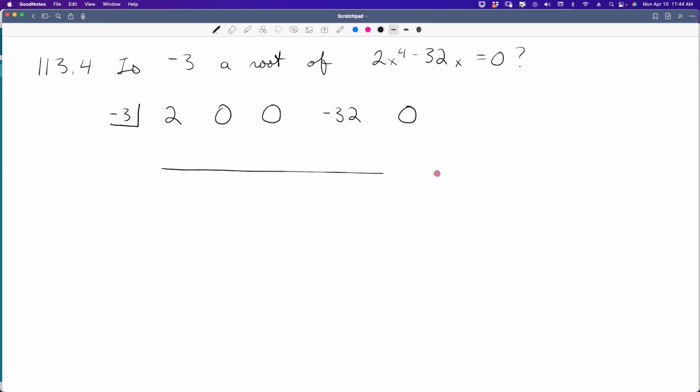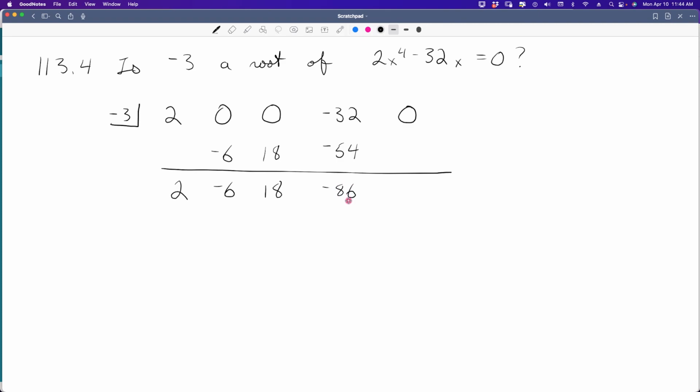Now we're going to draw our line, bring down our first term. Negative 3 times 2 is negative 6. Bring down our negative 6. That's going to be a positive 18. Bring down our 18. Negative 3 times 18 is going to be negative 54. We combine those and we get negative 86.